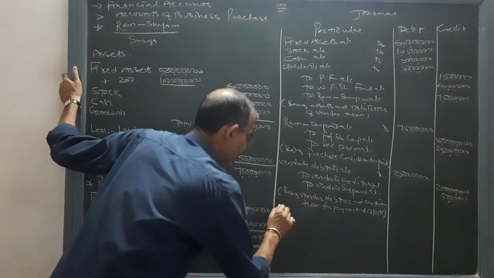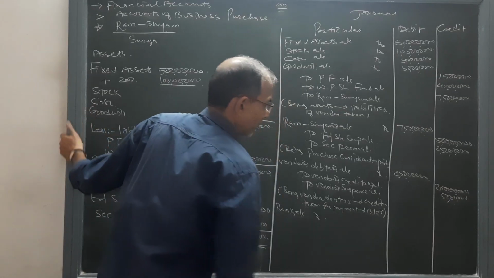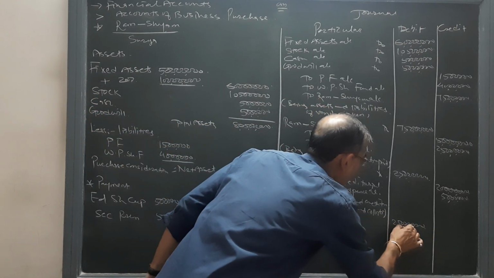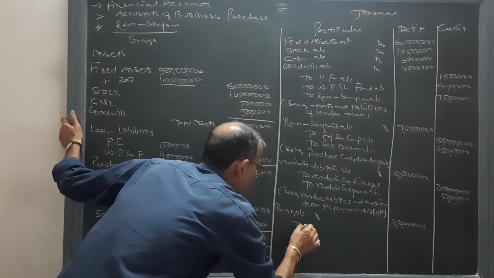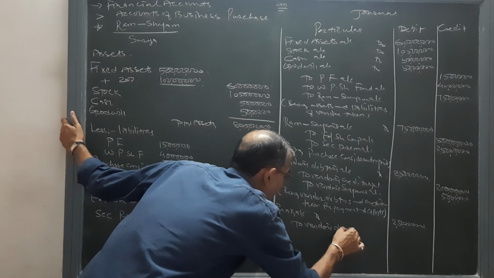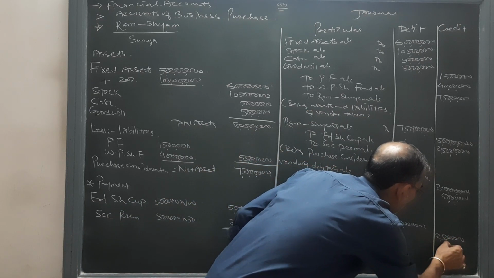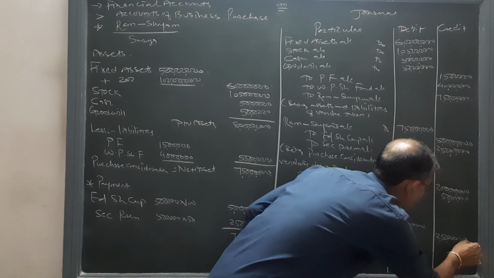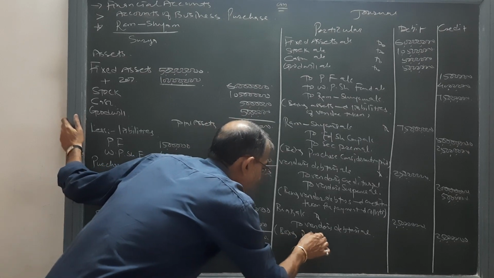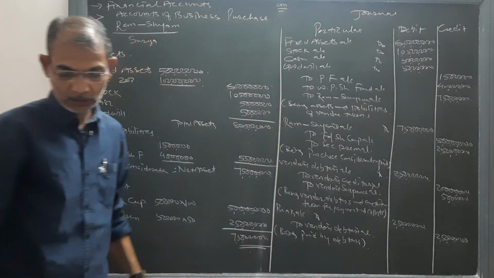So bank account debit 2 crore 50 lakh to vendor's debtors account 2 crore 50 lakh, being paid by debtors.